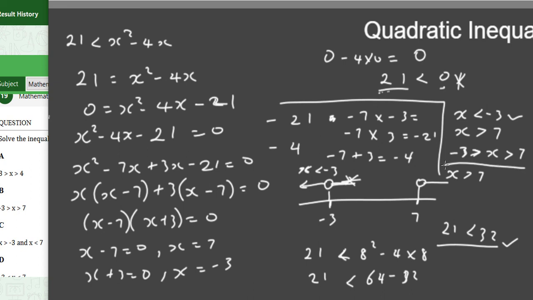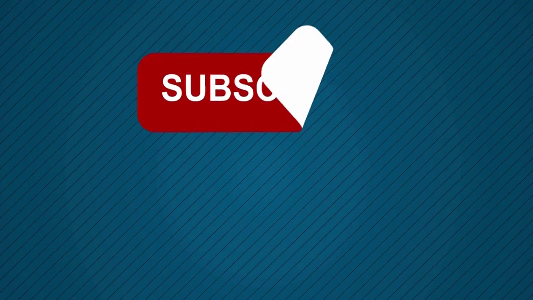So this is a more compact way to represent the two inequalities. So let's check what the right option is. If you check closely, you'll see that option B is the right answer. So this brings us to the end of quadratic inequality.